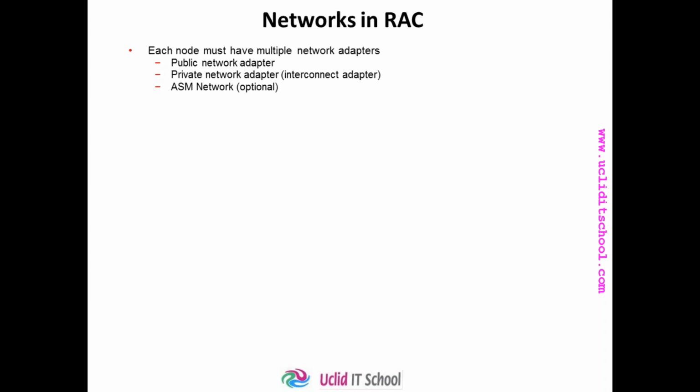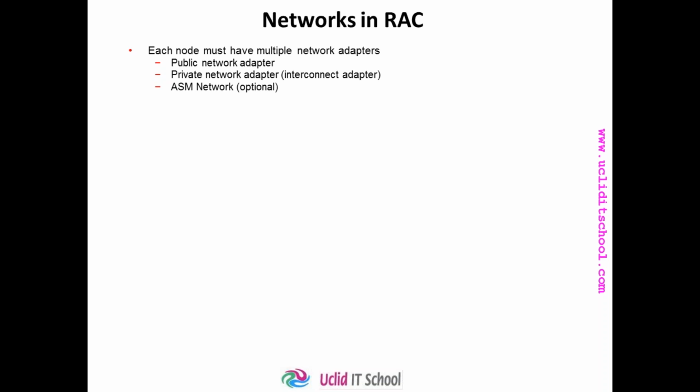But in 12C, Oracle has given the option to have a separate network for ASM instance communication. So you can configure a third network, which is called the ASM network, which is used by ASM instances to communicate with other ASM instances in the cluster. If you don't want to implement a separate network for ASM, you continue to use the private network for ASM also.